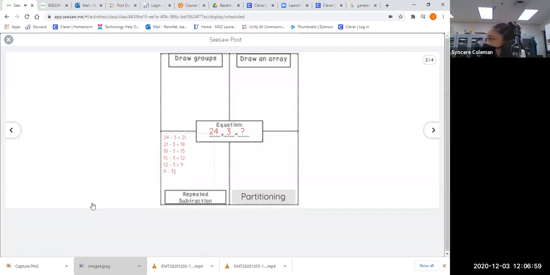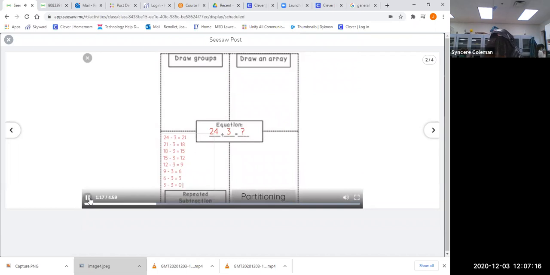With 9, we're still able to subtract 3. 9 subtract 3 gives us a difference of 6. 6 subtract 3 gives us a difference of 3. And finally, 3 subtract 3 gives us a difference of 0, which means we are out of items to share.